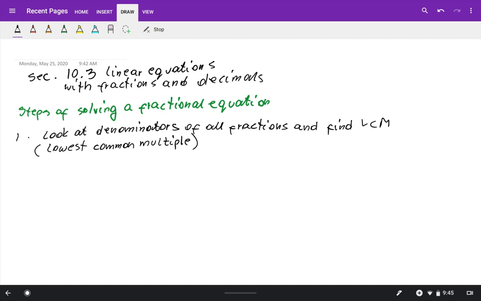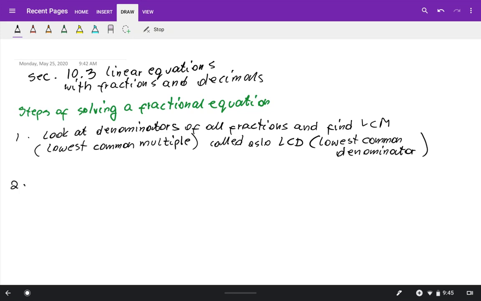Sometimes they also call that LCD. So let me write that down because you may hear that. Call it also LCD, which is least common, lowest common denominator. So they both mean the same thing.